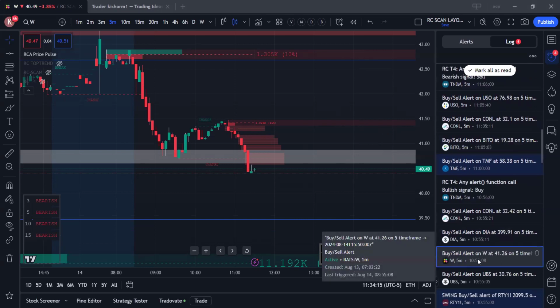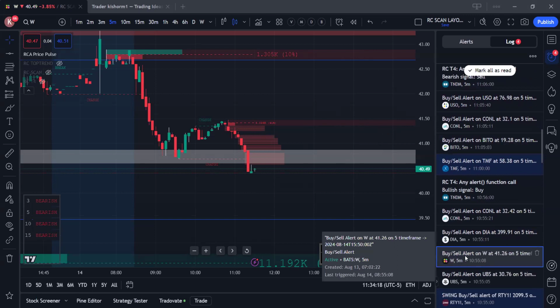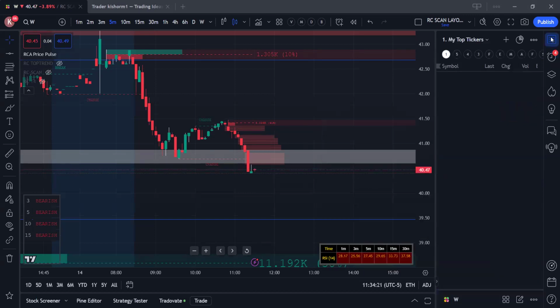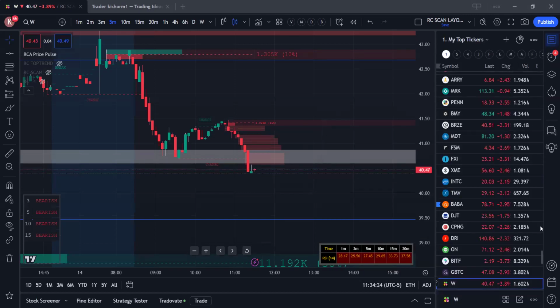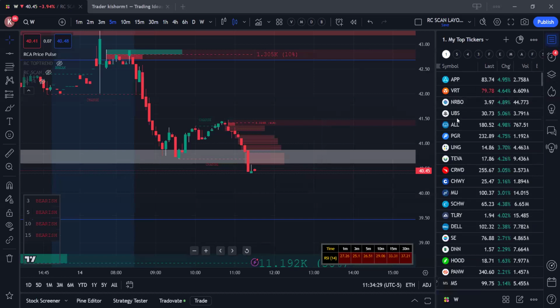Because I set up all the alerts on different tickers. Right, in the morning I went and I saw which are the most bearish, which are most bullish. I'll set up alerts on those ones.